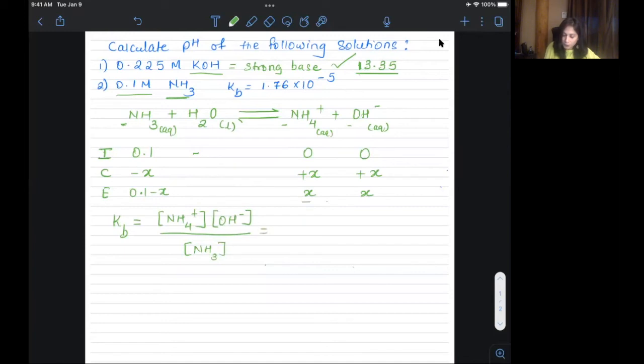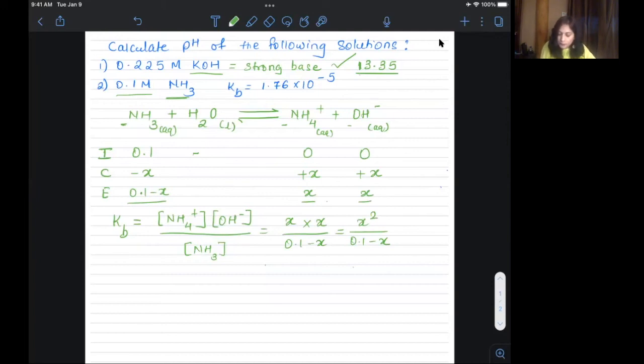So let's substitute these values that we got at equilibrium. So this is going to be X times X divided by 0.1 minus X, which comes to X squared divided by 0.1 minus X.